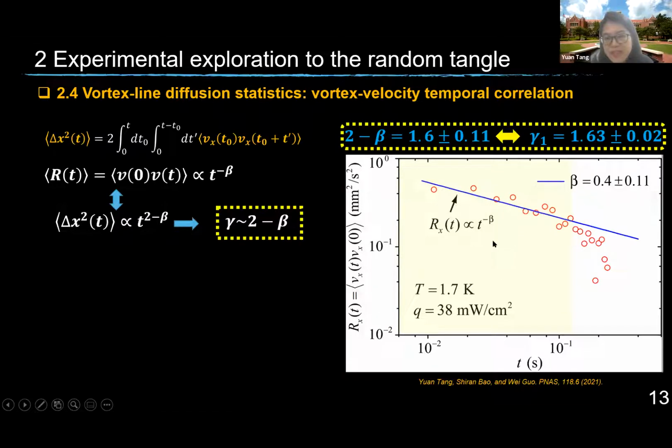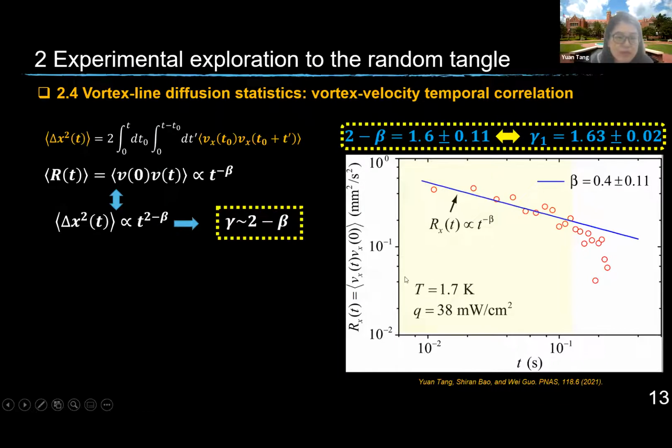We then fit the data in this area. A power law index of 0.4 is obtained, shown as the blue solid line. The corresponding diffusion power law index is 1.6, which agrees with our observed superdiffusion power law index, 1.63.